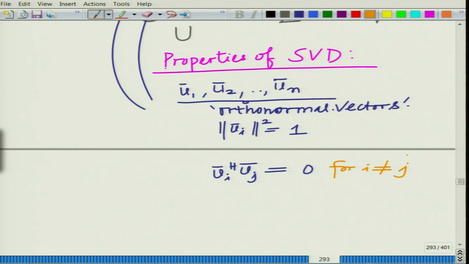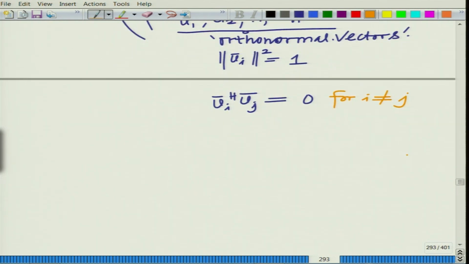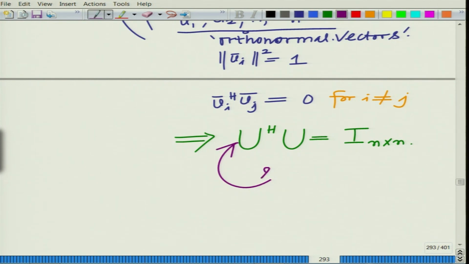Okay, so this is an orthonormal set of vectors, and therefore this implies that the matrix product U Hermitian U will be the identity matrix of size n cross n, and U is therefore known as a semi unitary matrix.